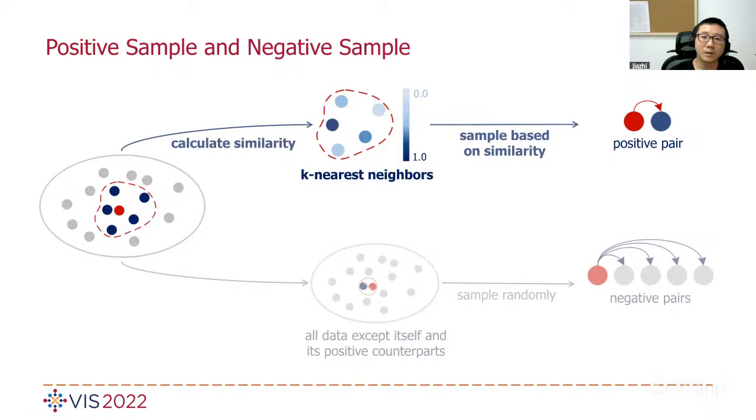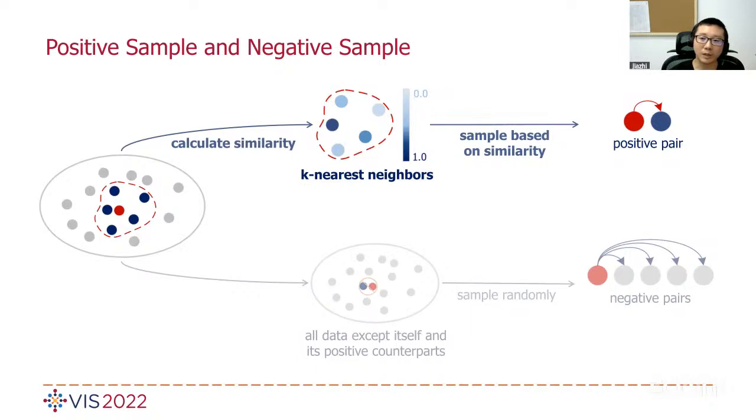To construct the positive pair of each point, we sample one point from its nearest neighbors based on similarity. We note that a point with high similarity has more possibility to be a true neighbor and also has more possibility to be sampled.